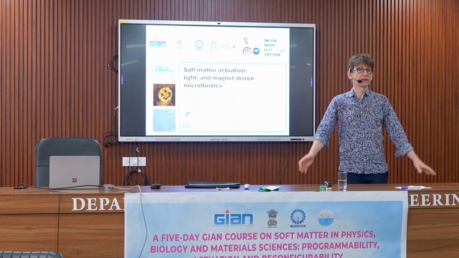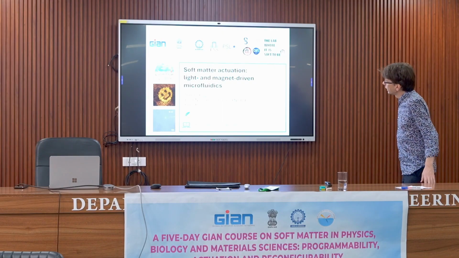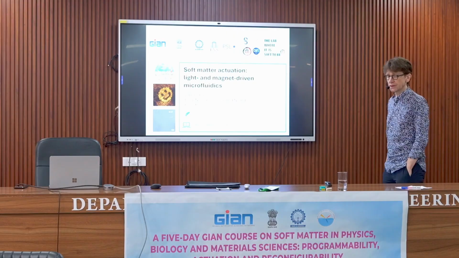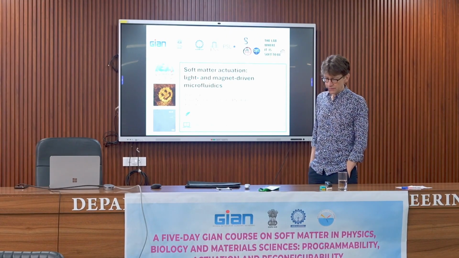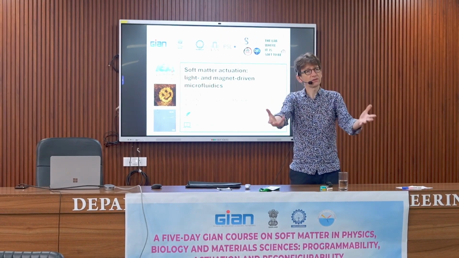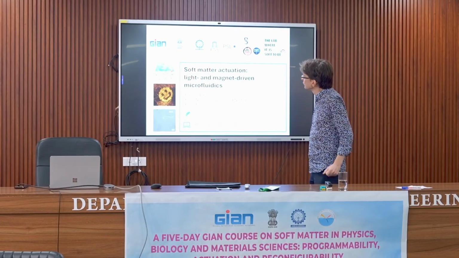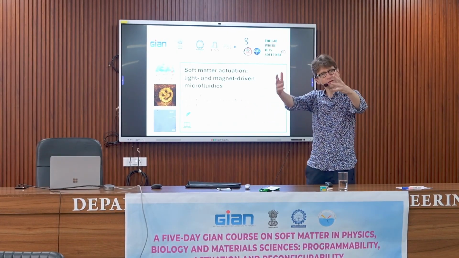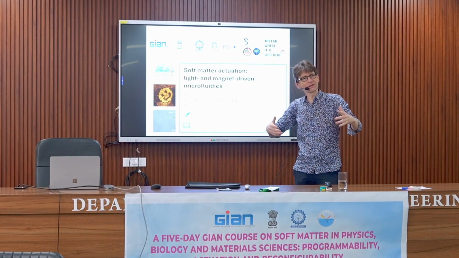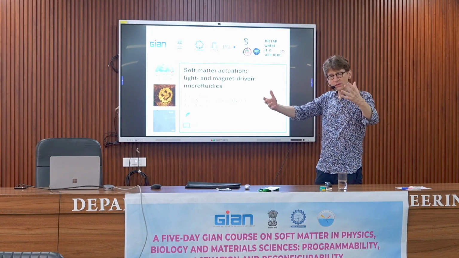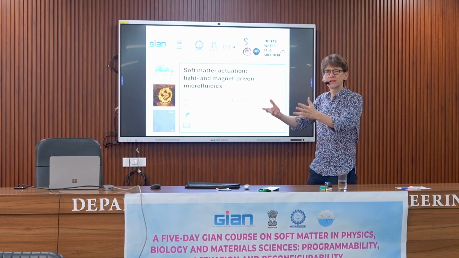When I started as a permanent researcher, I was interested in this idea of actuation. You tell something to soft matter and soft matter responds, so this is quite interesting. You do something and you have a response.